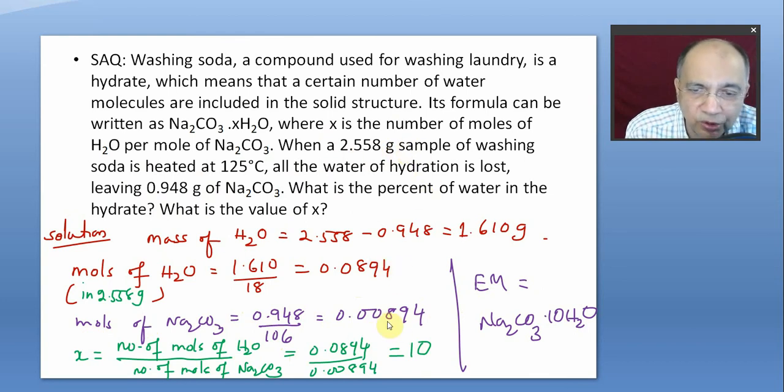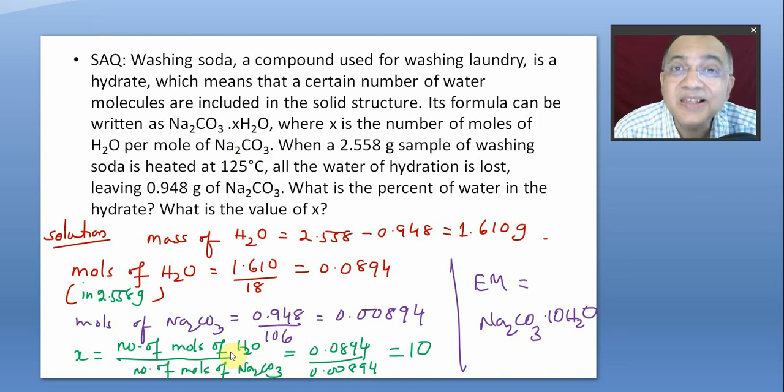So what is the ratio, you know? The number of moles of water is how many times greater, because x is greater than 1. It is the number of water molecules associated with one molecule of sodium carbonate. So x is greater than 1.